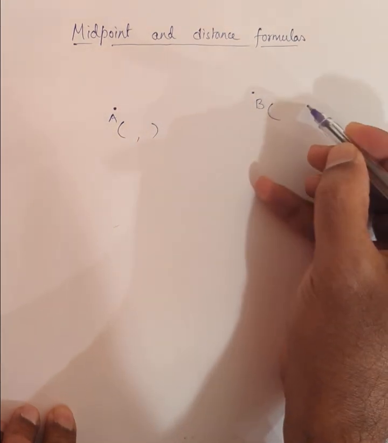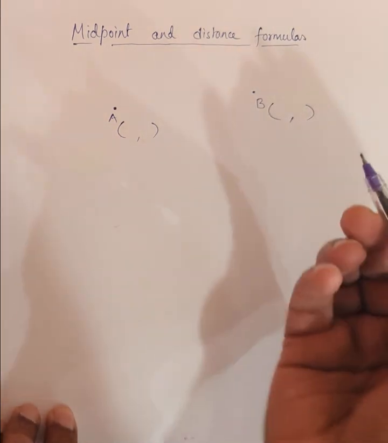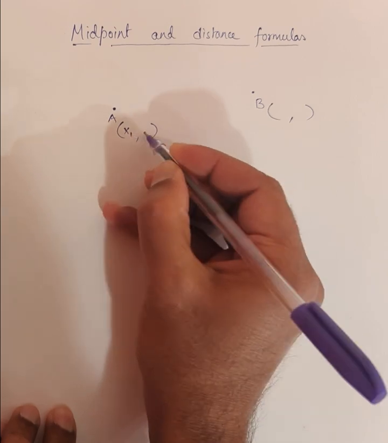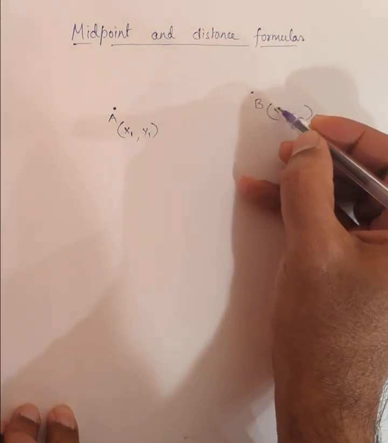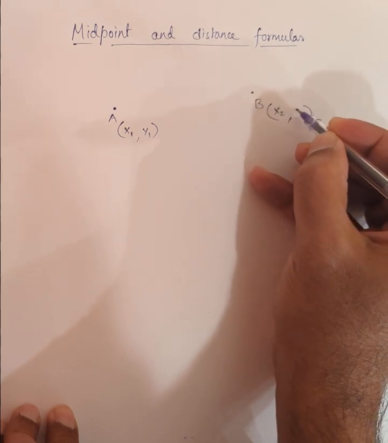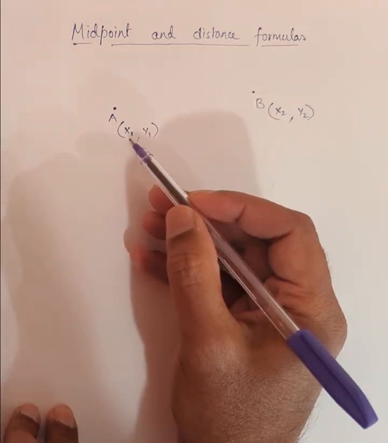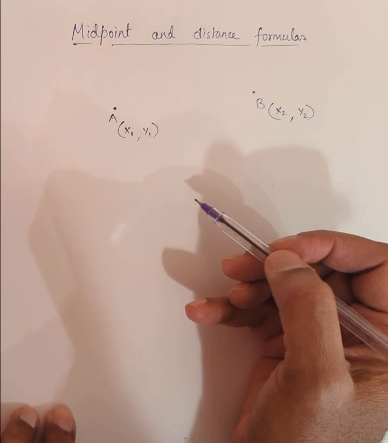Since there are 2 points, I don't want to just say xy. I want to say the first point has coordinates of x1, y1, and this second point has coordinates of x2, y2. Again, these are just symbols.